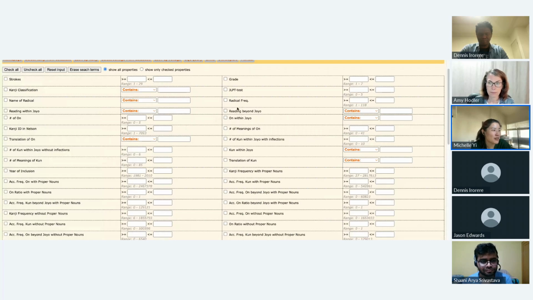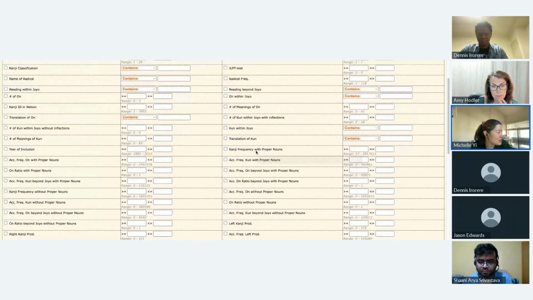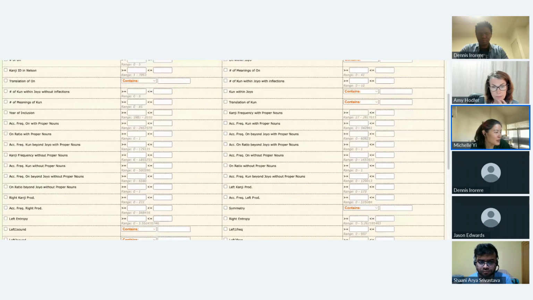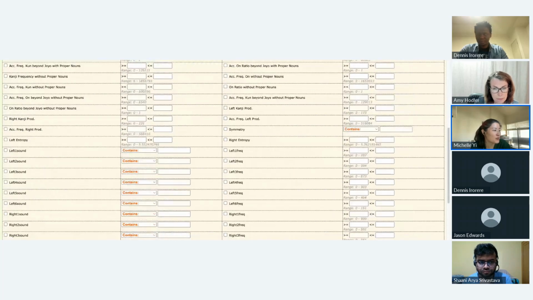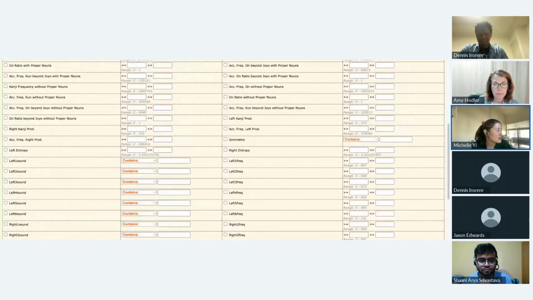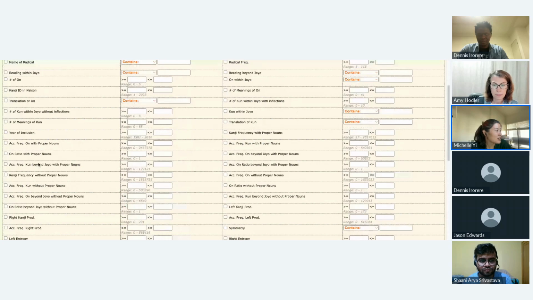Everything from the radical frequency to frequency with proper nouns. I want to say there's also when the character was introduced. They even have entropy, how frequently the character is used in different positions. Yeah, there's a ton. There's meaning. Here we go, year of inclusion.